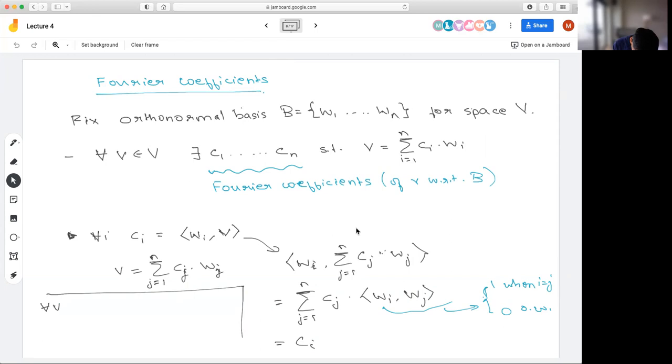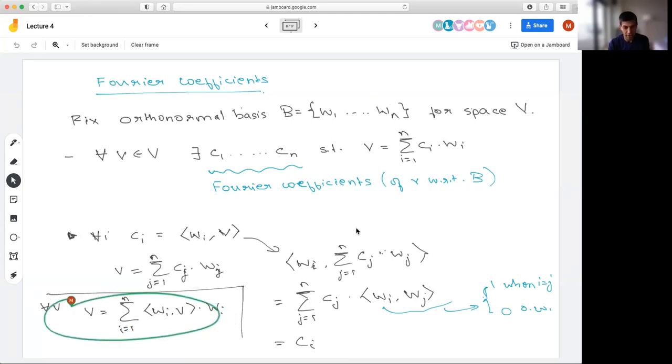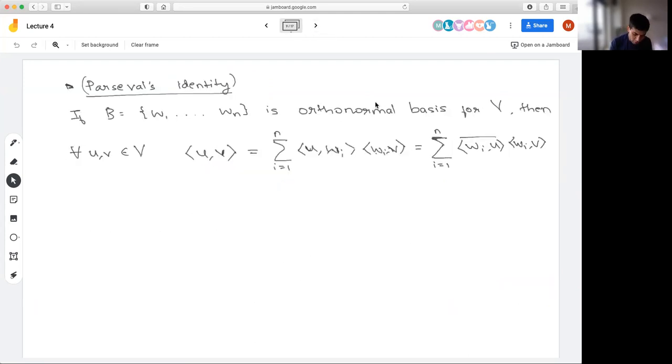So you can write it as the summation of Ci Wi, but we know what Ci is. It's the inner product of Wi with V, times Wi. So we calculated the values of the Ci's, so you can write every vector just in this way. Once you have that, you can compute inner products this way.